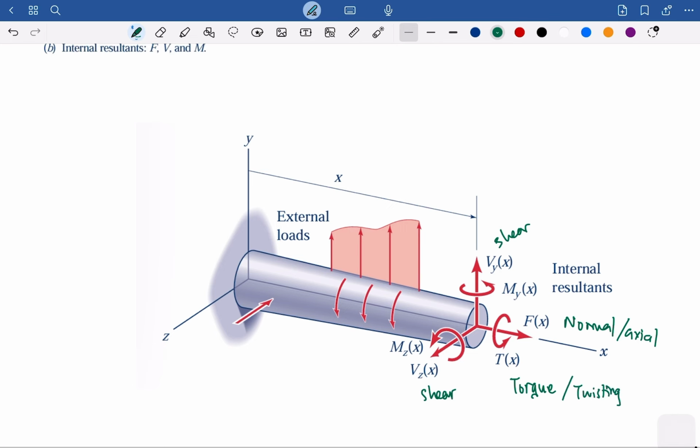Actually, all of this rotation is called moment, but they have special names. And the My and Mz, this is the bending moment.